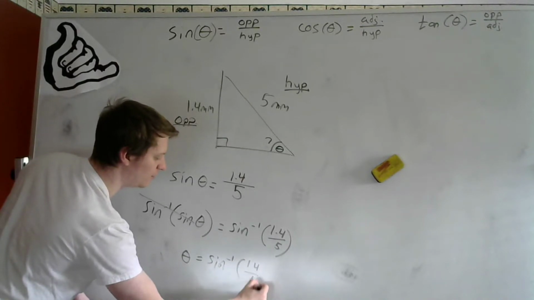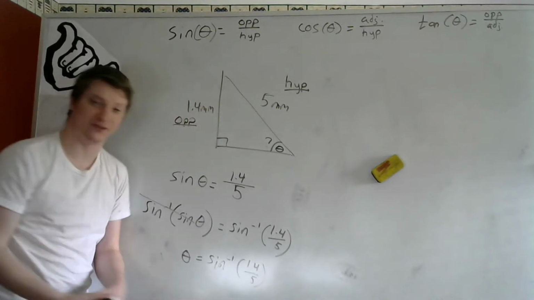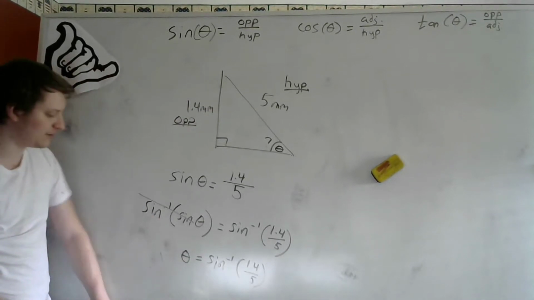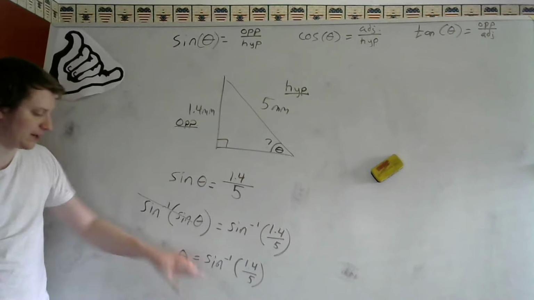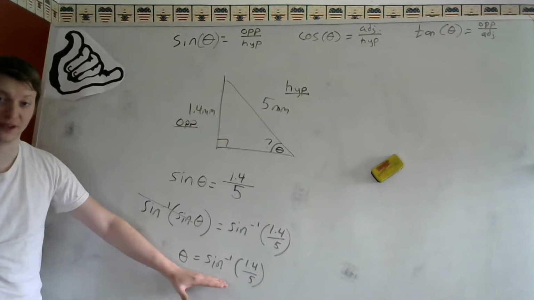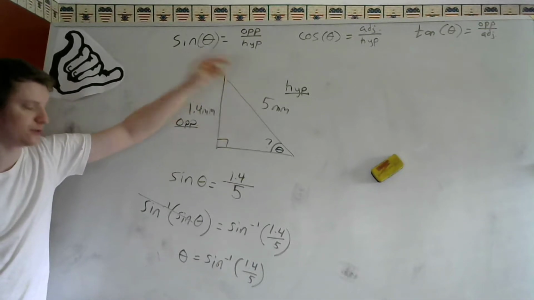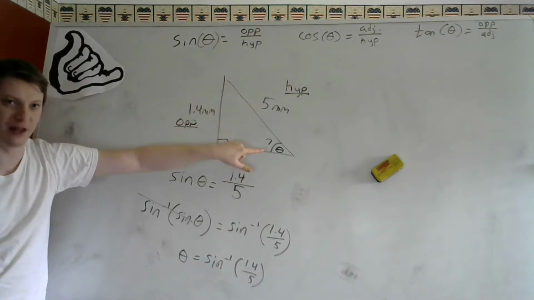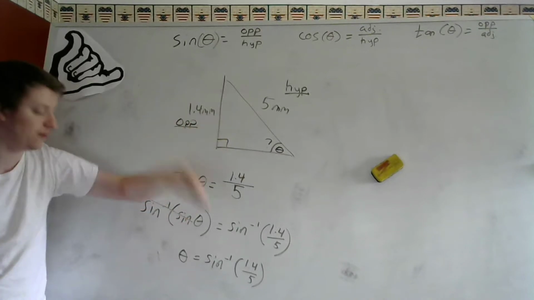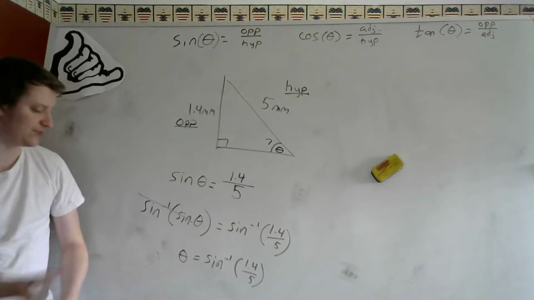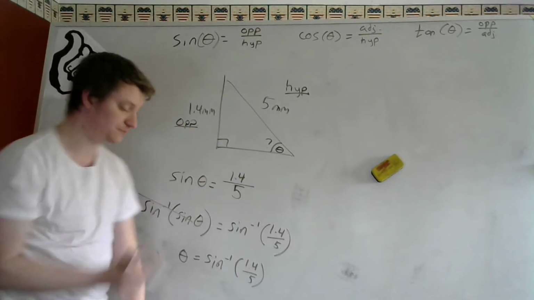1.4 over 5. And as you get better and better at these and recognizing them, that step just kind of becomes second nature, and you'll just jump straight to this final result here. You'll recognize opposite and hypotenuse, that's sine. You want the angle out of it, so you want the inverse sine of that ratio instead of the sine of the angle.